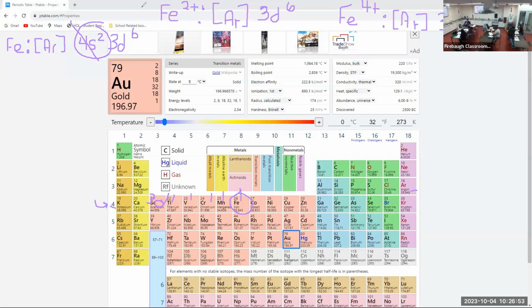In this case, we only took away 2 electrons, so we just take away the 4s. That's how we ended up with this. In this case, we're taking away 4 electrons, so we take the 2 from the 4s, and then 2 more from the 3d, which leaves me with just 3d4. Does that make sense?